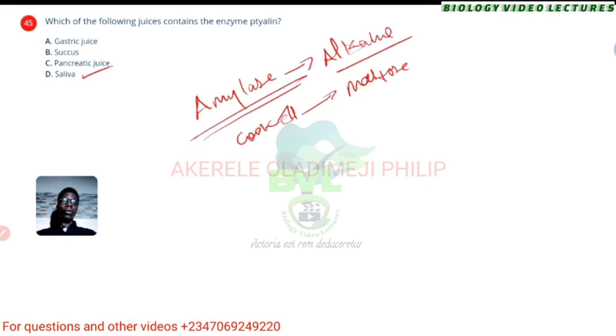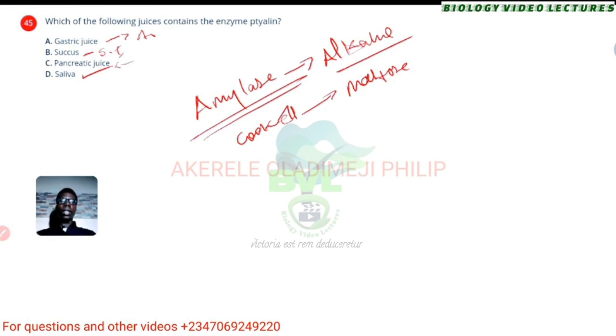Gastric juice is in the stomach, which is very acidic. Succus entericus is the full name, the collection of juice in the small intestine. So this is the stomach, this is the small intestine. Of course, pancreatic juice is found in the pancreas, right?